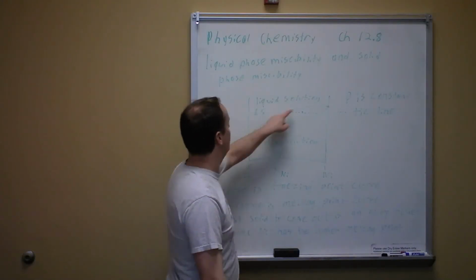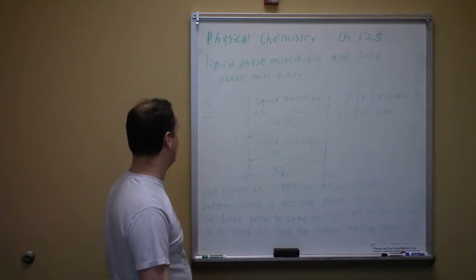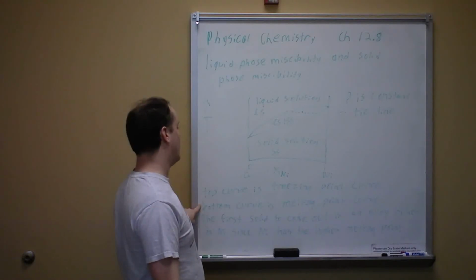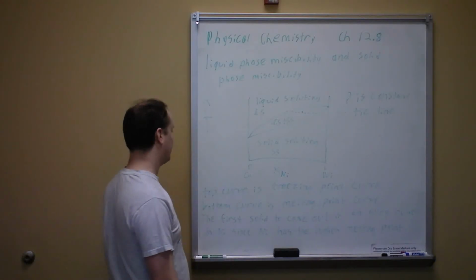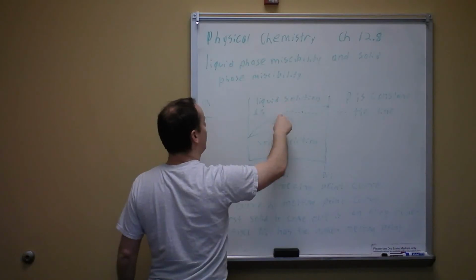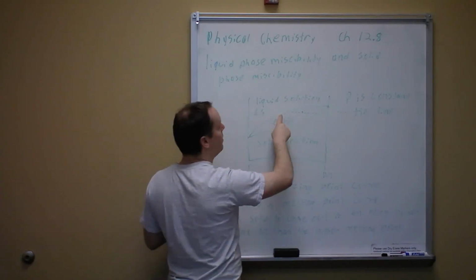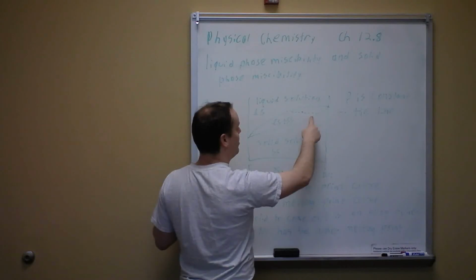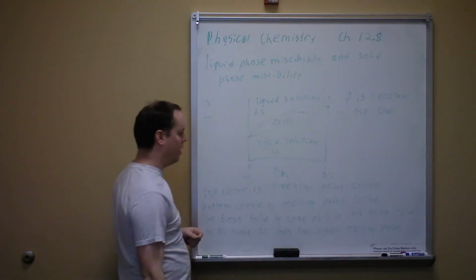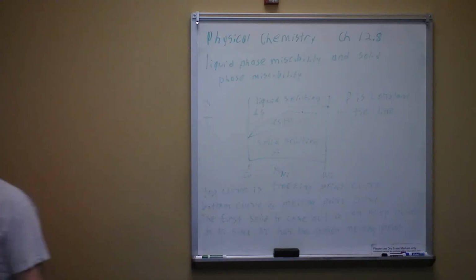Now this top curve here, this is called your freezing point curve, or just your freezing curve. And this bottom curve, that's called your melting point curve. So if you're starting with your liquid solution and you cool it down, the very first solid that's going to come out is going to be an alloy, but it's going to be richer in nickel. This is because out of the two, nickel has the higher melting point.